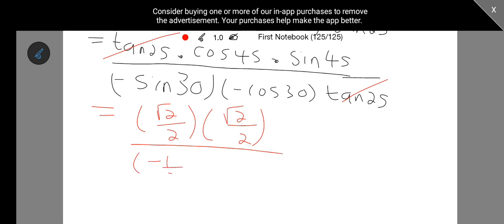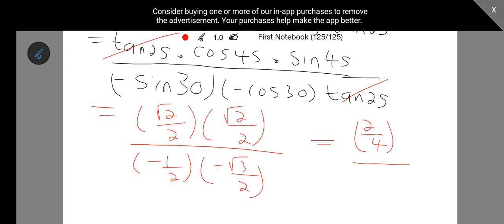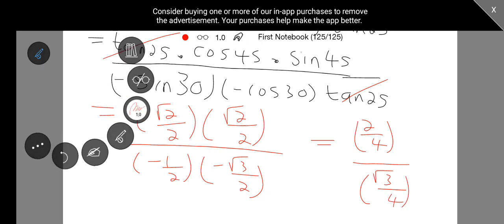It's minus half, and multiply by negative cos 30, that is minus square root of 3 over 2. So what is root 2 over 2 times root 2 over 2? That will be 2 over 4. And then we divide it by what? Negative times negative is positive, and that will be root 3 over 4. And we are now approaching the final answer.